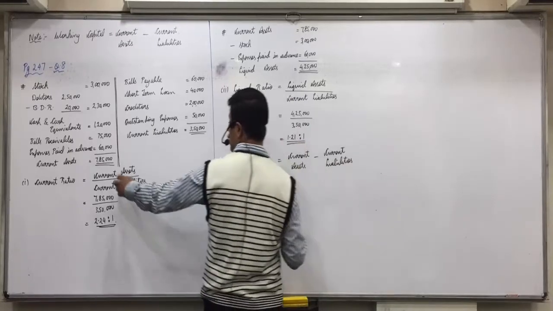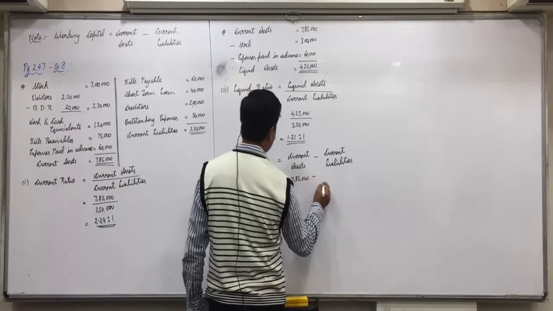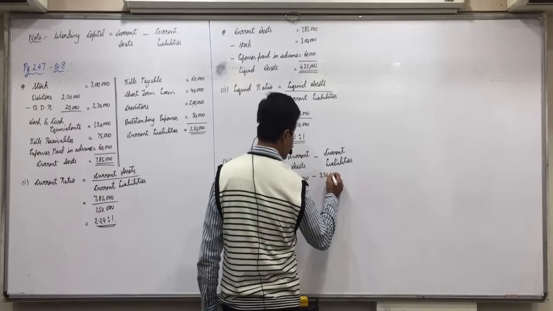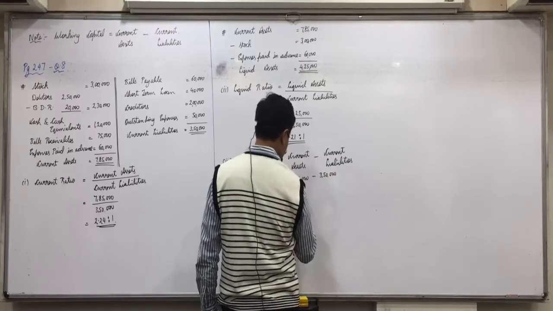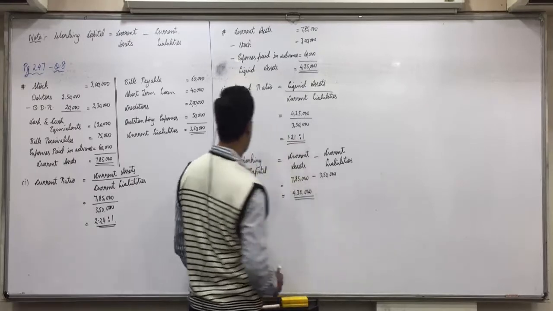Current assets 7,85,000 minus current liabilities 3,50,000. 4,35,000 is working capital.